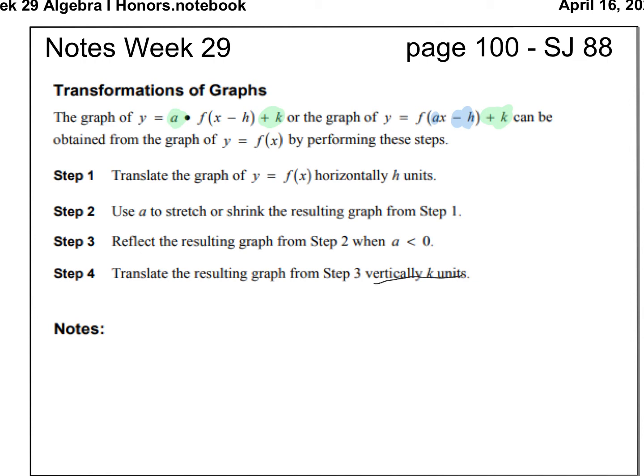I think a lot of times I like to do vertical first. We'll see that in just a few minutes in examples. So just read through that. I know it's going to be confusing, but as we do these and look at them, you'll gain understanding. So try not to worry too much.